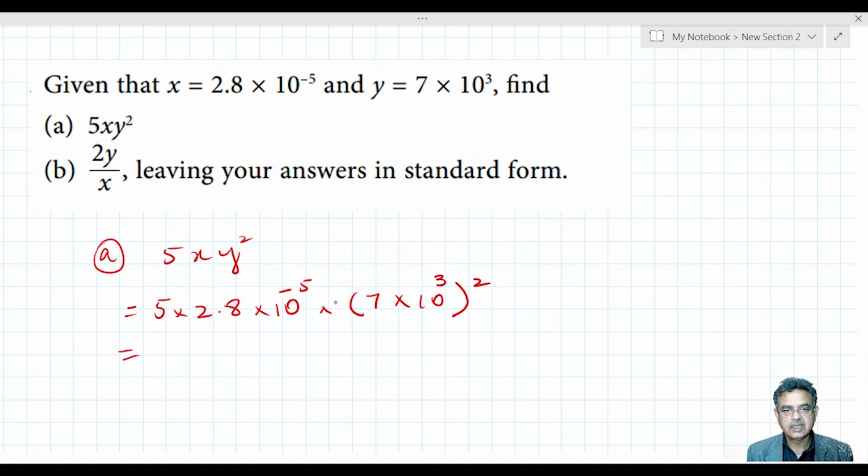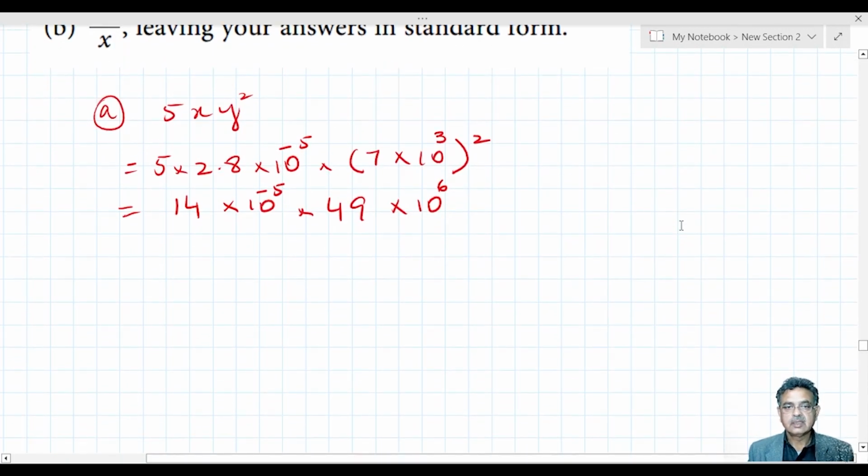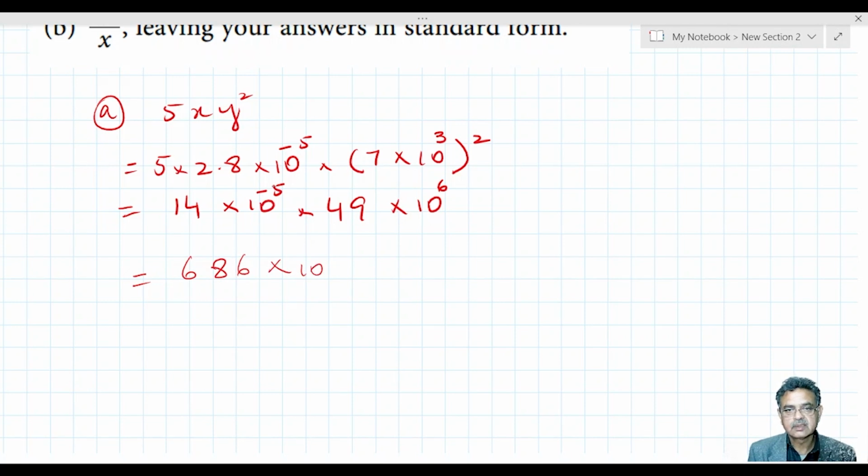So 2.8 multiplied by 5, that will be 14, 10 power minus 5 multiplied by 49 into 10 to the power 6. Now 14 multiplied by 49, that is 686. 686 multiplied by 10 power, this will be 1.